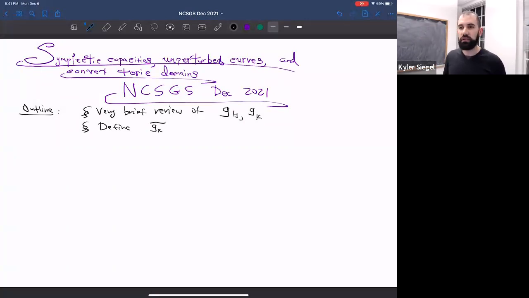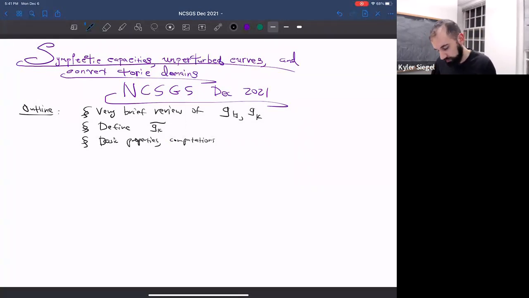GK tilde is supposed to be an ersatz for GK, so it's expected to be essentially the same as GK, at least in a nice example. So I'll give some evidence for that. And then I want to discuss this GK tilde, describe some of its basic properties, and give some computations. So in some sense, the main result will be a computation of these capacities for some family of examples. And then I'll give at least some sample applications to these stabilized symplectic embeddings.